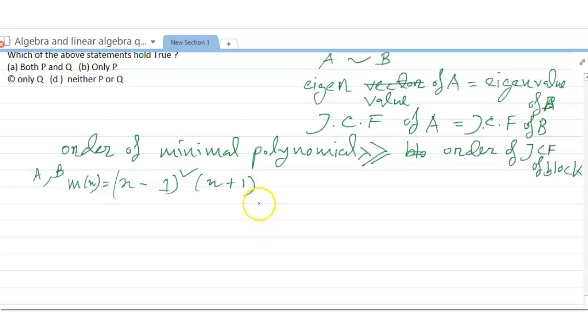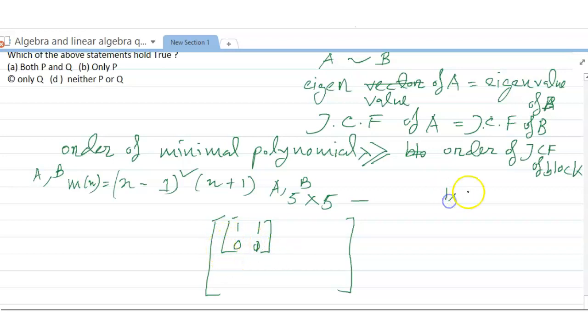So A and B are 5 cross 5 matrices. Whatever you can get, I can write this way, that the JCF with the highest block is this: 1 1 0 1, and 1 1 0 1 and minus 1.